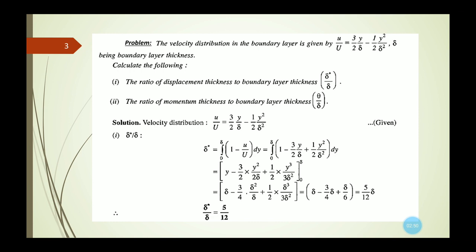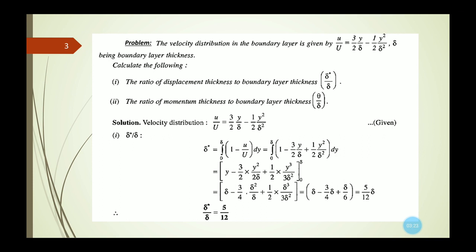What is given here: the velocity distribution in the boundary layer is given by small u by capital U equals 3 by 2 y by delta minus half y square by delta square. Here delta is the boundary layer thickness. Now we need to calculate the ratio of displacement thickness to boundary layer thickness, which is delta star by delta, where delta star is the displacement thickness and delta is the boundary layer thickness.